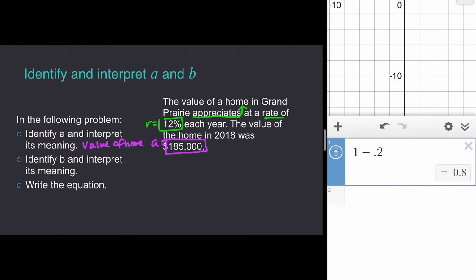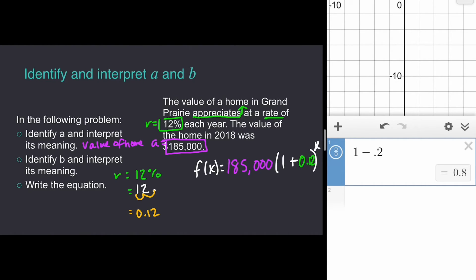So we're going to take that 12% and we're going to drop our percentage and rewrite it as a decimal. Now we move that decimal over 2 to the left for 0.12. So now let's plug that into our equation. F of x equals 185,000 times 1 plus, because it's appreciates, 0.12 to the x power.